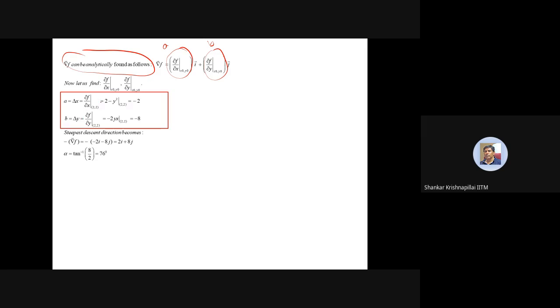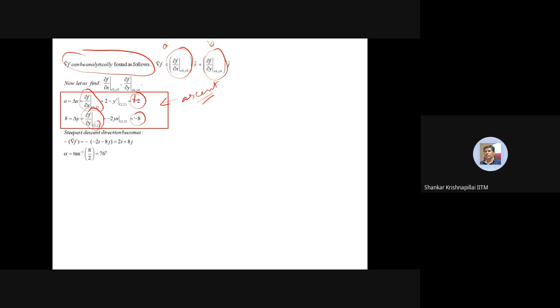So partial f by partial x at 2 is minus 2, and partial f by partial y at 2 is minus 8. This is actually the steepest ascent direction, as per the formula. But we are going down, so you have to take the negative of the steepest ascent direction.